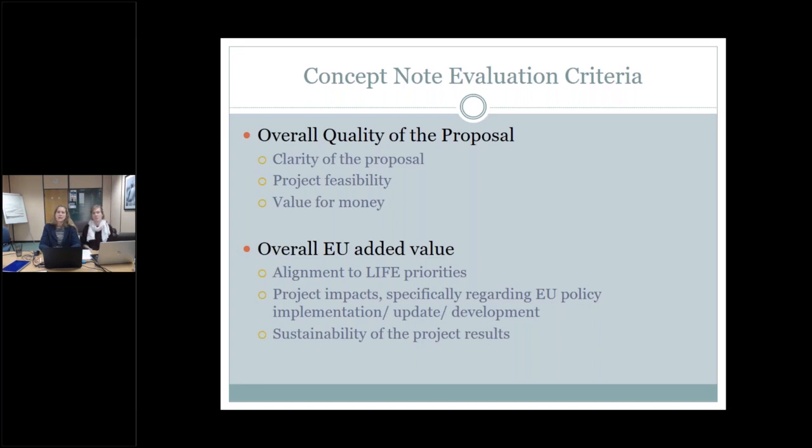The objectives need to be aligned with the priority areas of the LIFE sub-program for the environment. Have a look at Articles 10, 11, and 12 of the LIFE regulation, which are setting out the overall priority areas for the LIFE program.